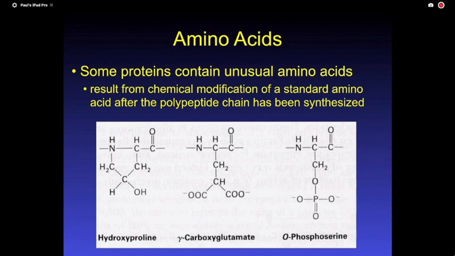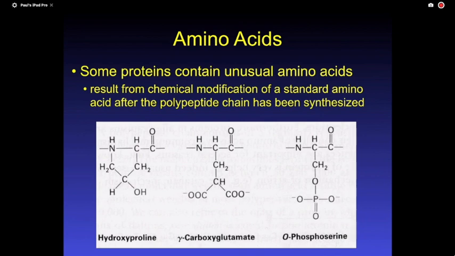Now, I told you there are 20 amino acids. That is kind of a lie, okay? Because anything that has a carbon, a nitrogen, an acid, a hydrogen, and something else is an amino acid. There are 20 amino acids used by our molecular mechanism to synthesize proteins. But there are a whole bunch of unusual amino acids.